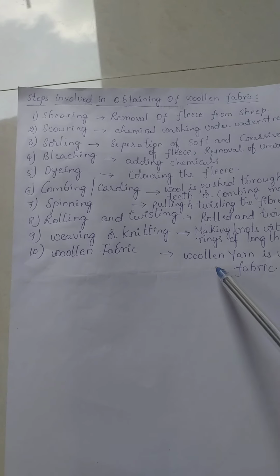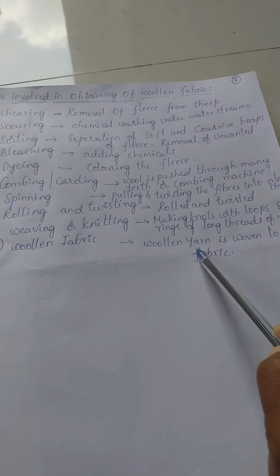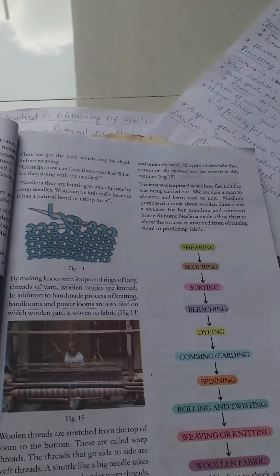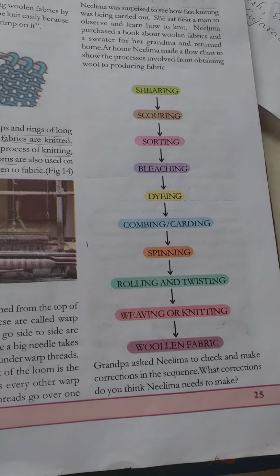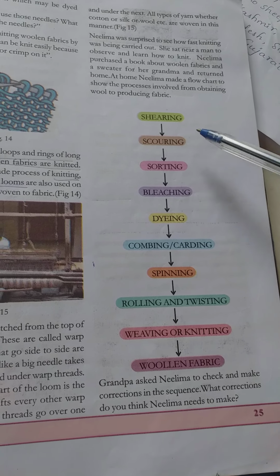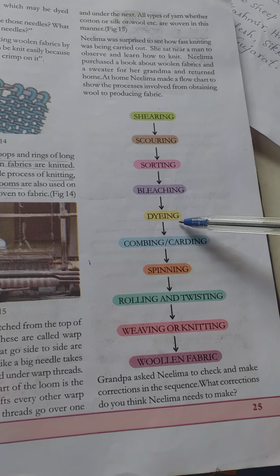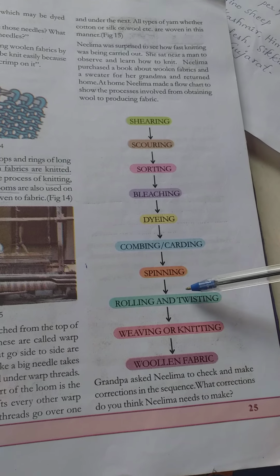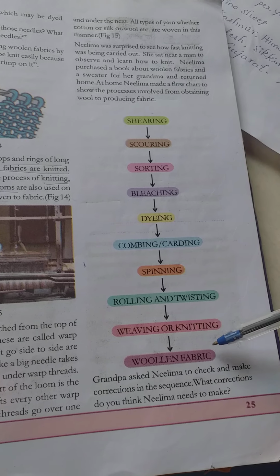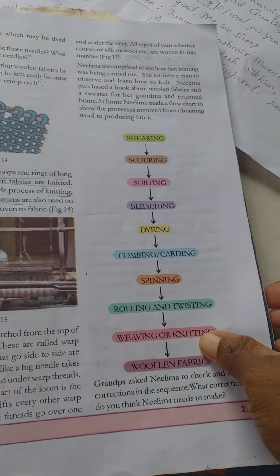Woolen fabric is formed from the yarn. See here, there is a flow chart which shows the steps involved in the preparation of woolen fabric: shearing, scouring, sorting, bleaching, dyeing, combing or carding, spinning, rolling and twisting, weaving or knitting, woolen fabric. So this is a very useful flow chart.